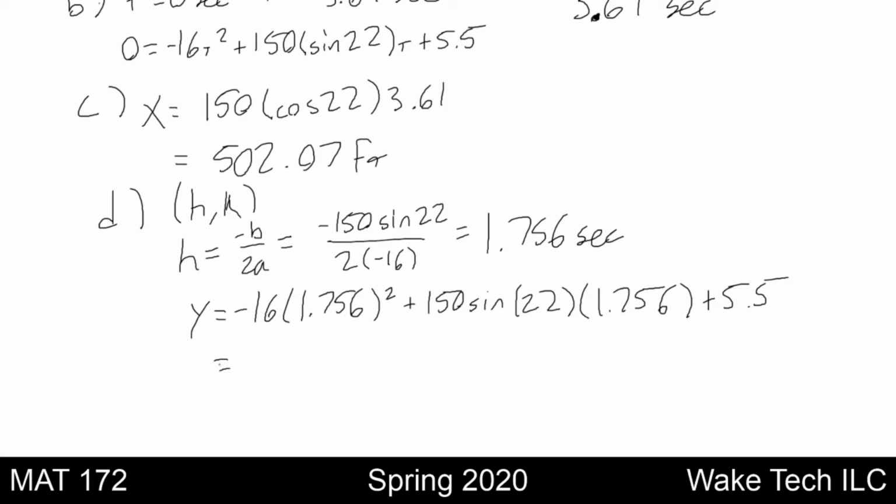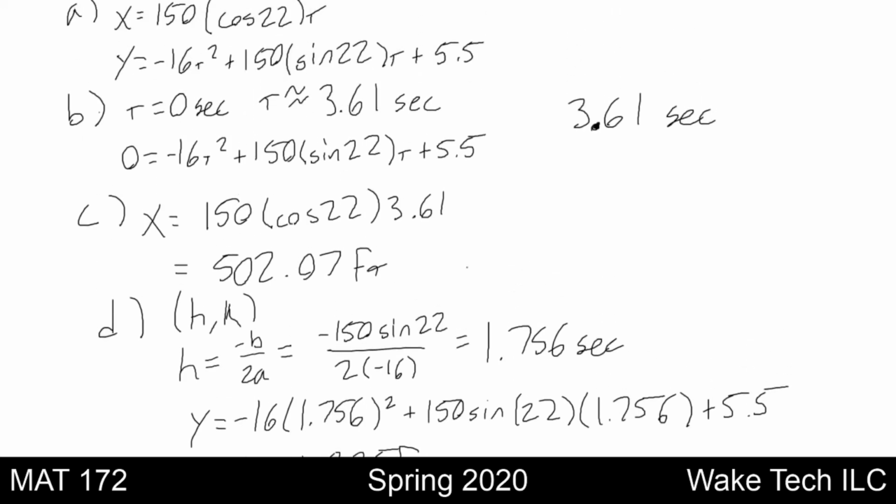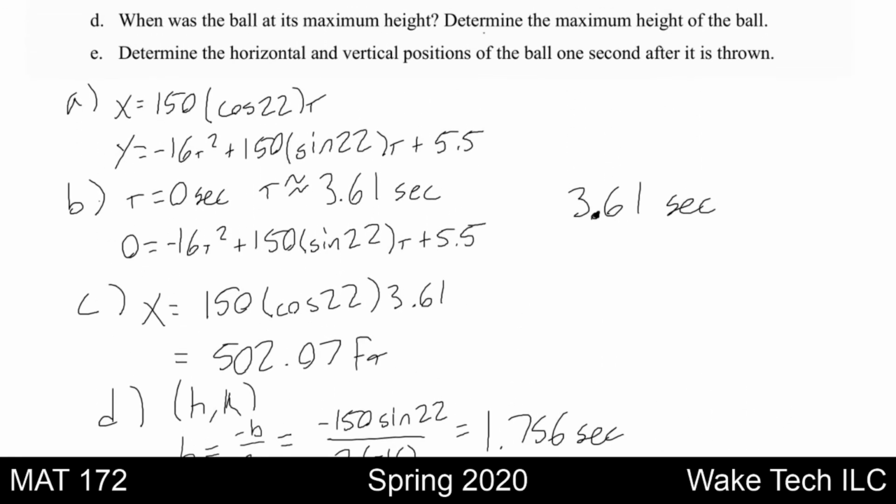So I find roughly 54.835. And again, the measurement would be in feet. That answers part D. We found when the ball reaches its maximum height and the maximum height itself.